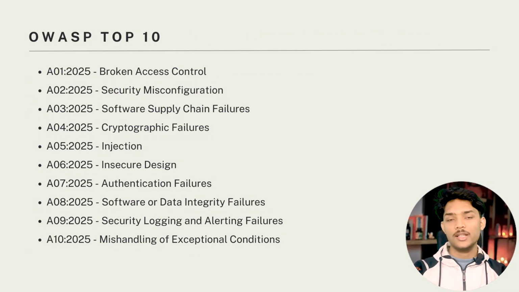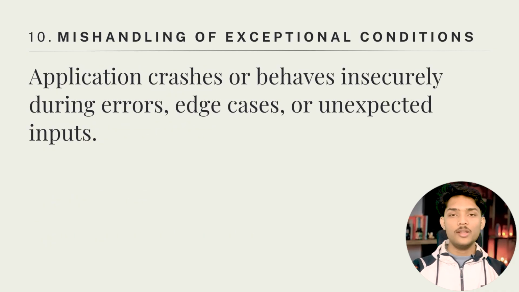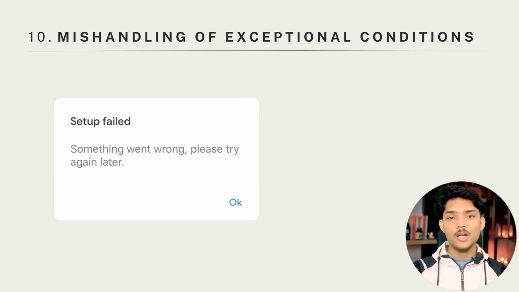Now last but not the least, we have mishandling of exceptional conditions. What this means is an application crashes or misbehaves during some error or unexpected input. Let's understand this with an example: you are trying to enter your login credentials on a website, but something happens on the server.